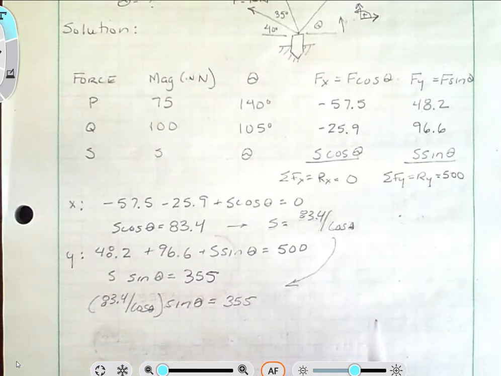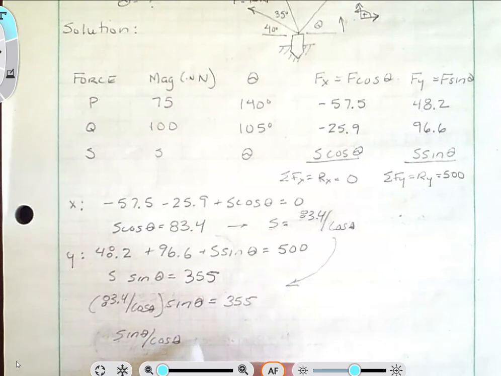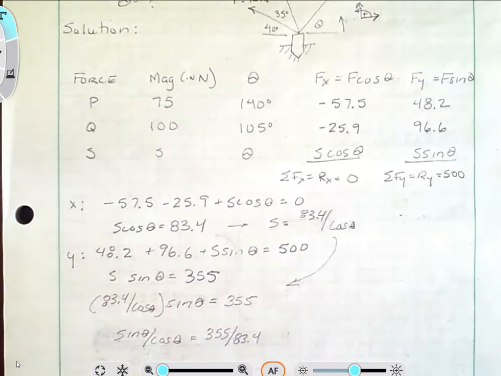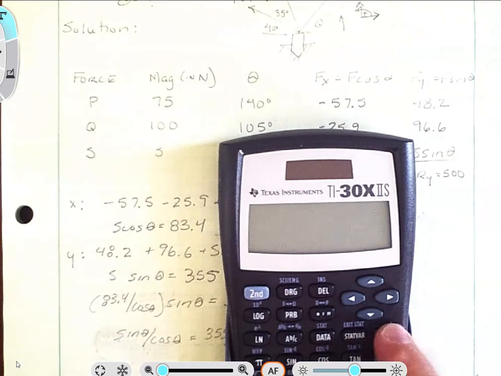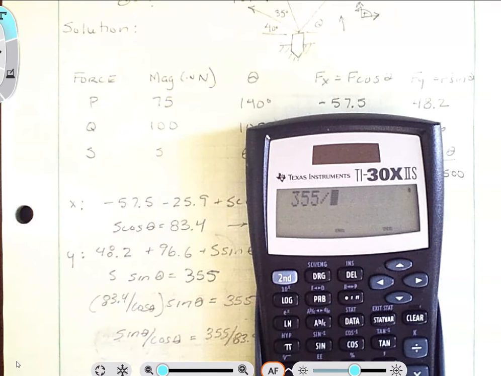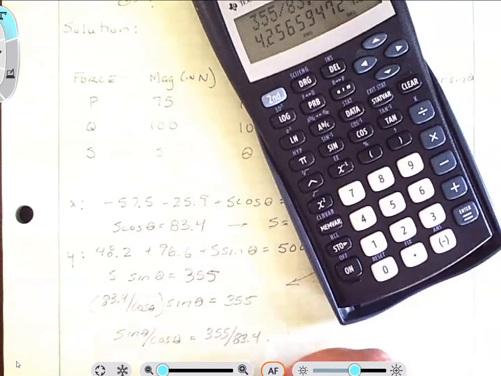If you go through and do the math, you get sine theta over cos theta equals 355 divided by 83.4. And if you do the math there, 355 divided by 83.4 gives us 4.26.